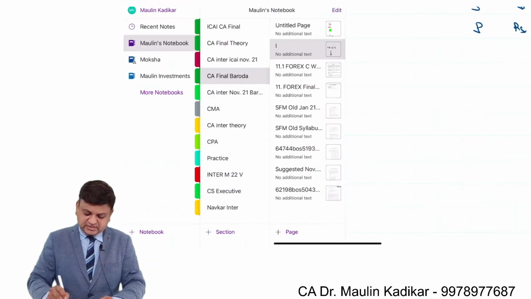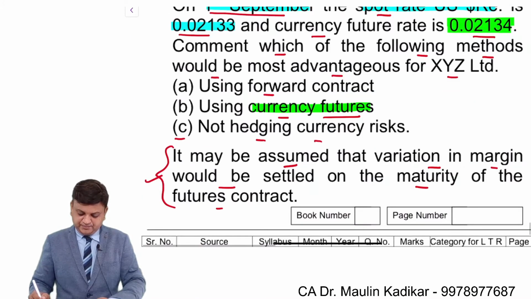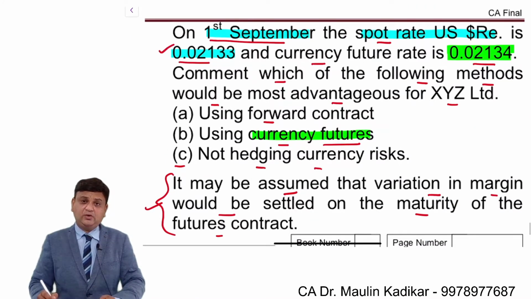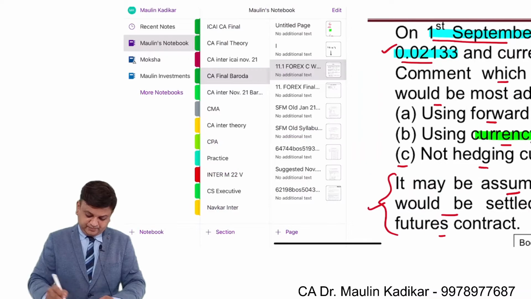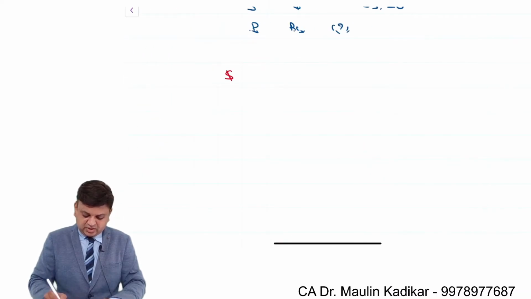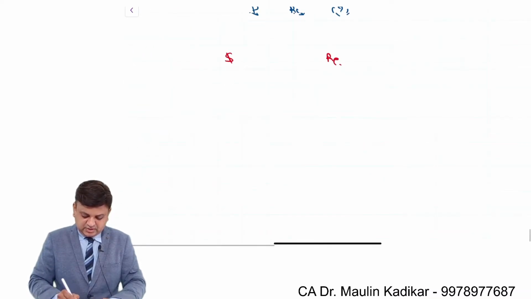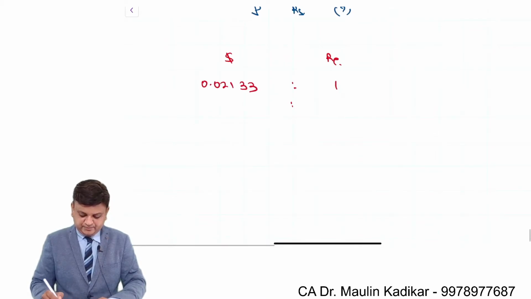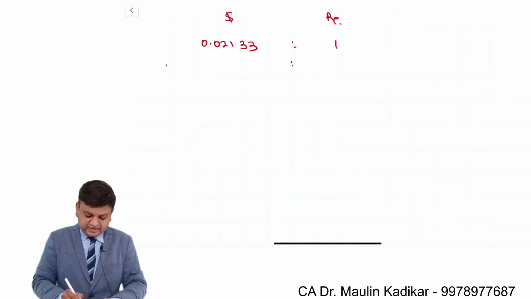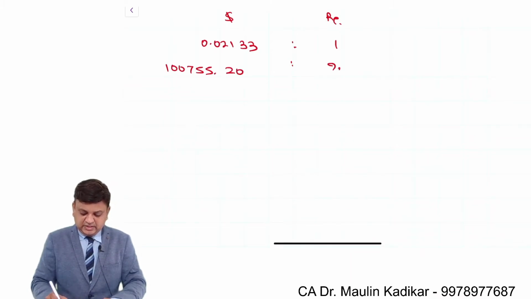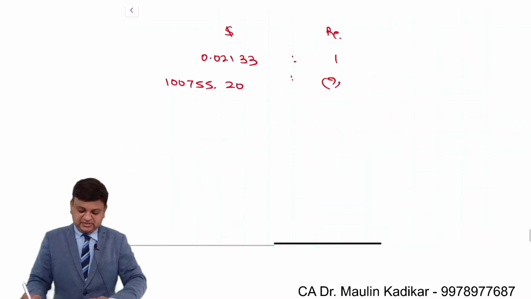So what is the spot exchange rate on 1st of September? It is 0.02133. So we understand that 0.02133 dollar is equal to 1 rupee. You have an amount of 1,755.20 dollar, which is equal to this amount of rupees.